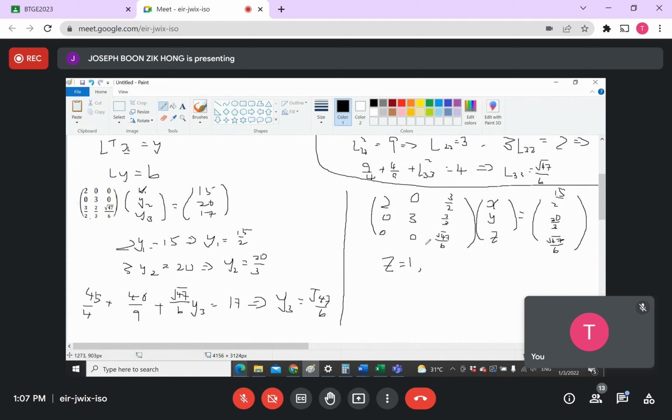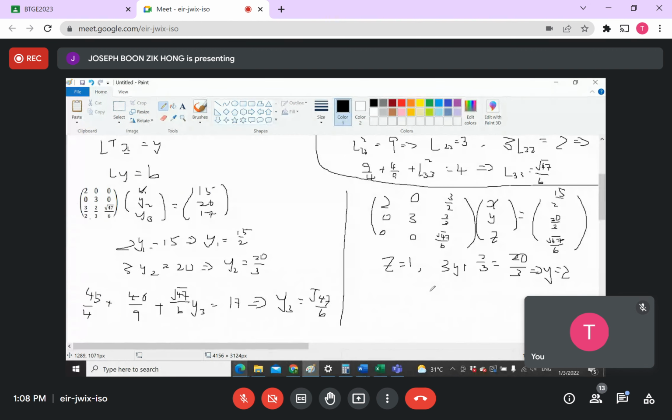Okay, now 3y plus 2 over 3, because Z is 1, equal to 20 over 3. So that means my y will be 20 over 3 minus 2 over 3, which is 6. 6 divided by 3, 2.